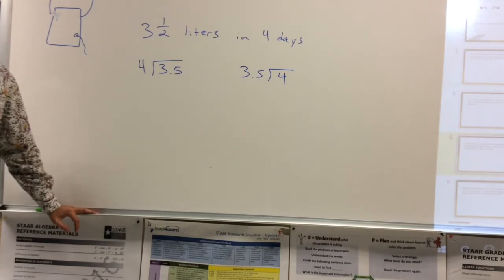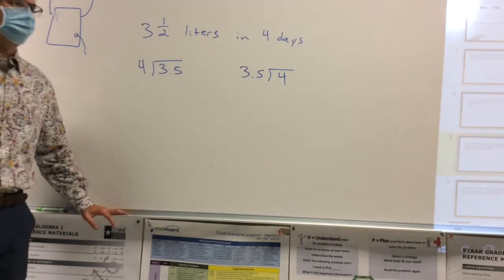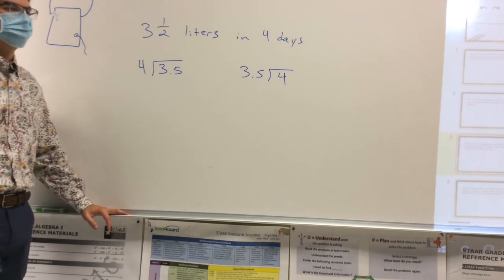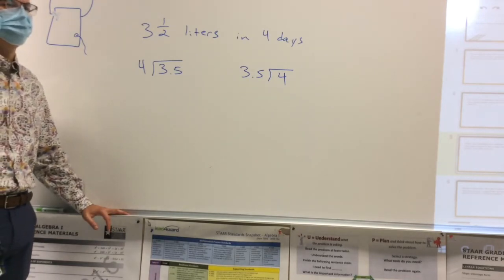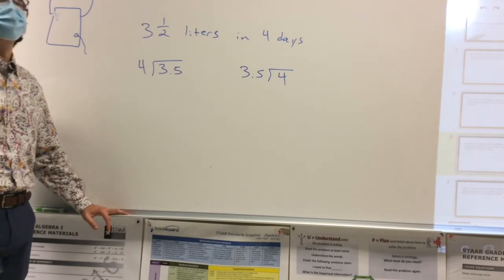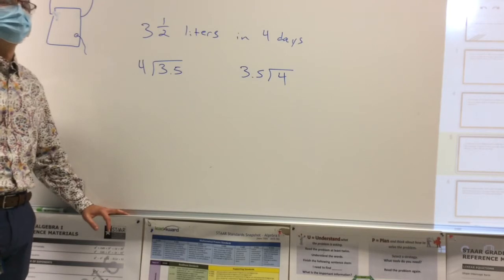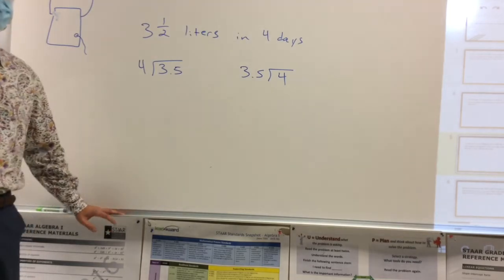Inside the box? That's what I'm asking you. Kendall, what do you think? I think it's 4 inside the box. Ruger, what do you think? I feel like I'm wrong, but I think it's 4 inside the box. Nathan? I think 3.5.